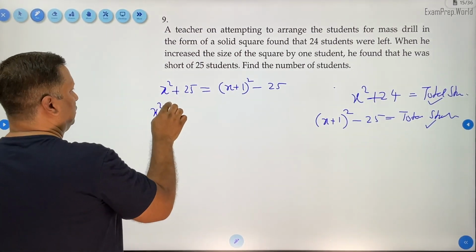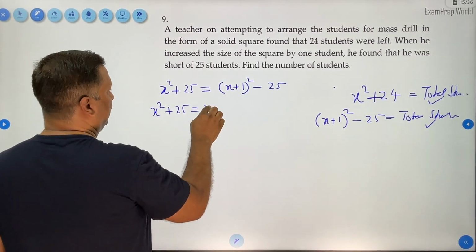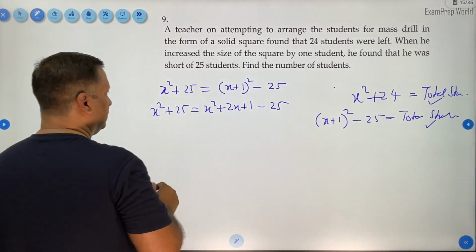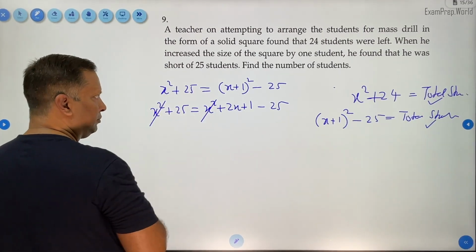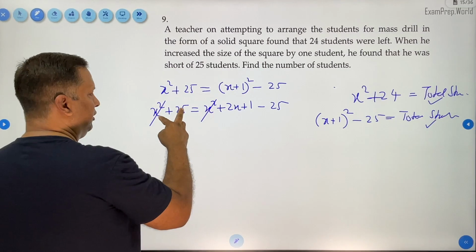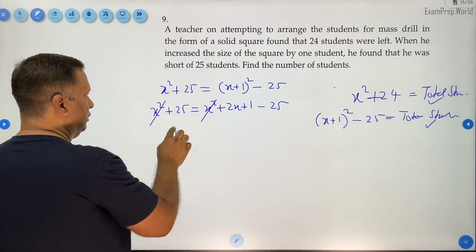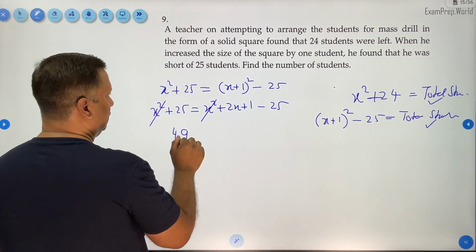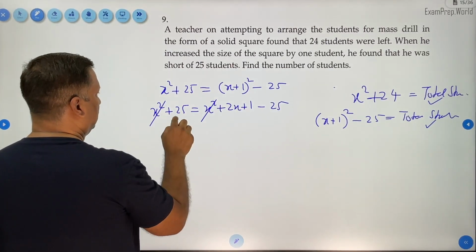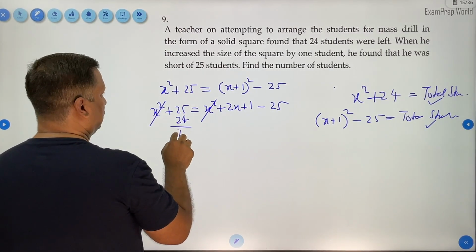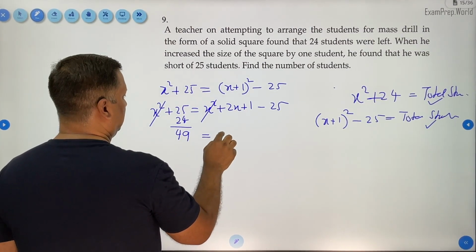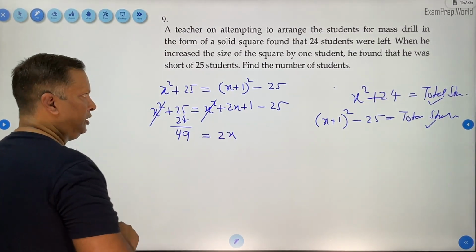Let's see, x square plus 25, x square plus 2x plus 1 minus 25. So cancel this x square. Some mistake.